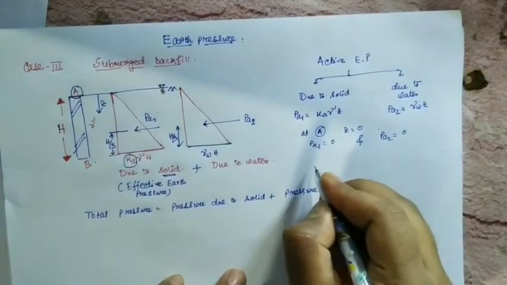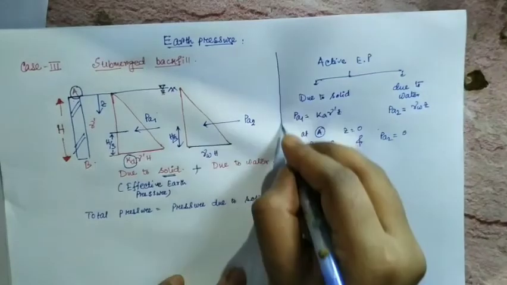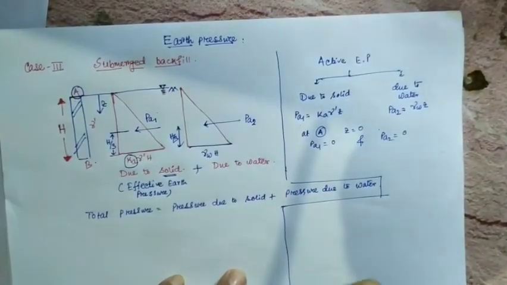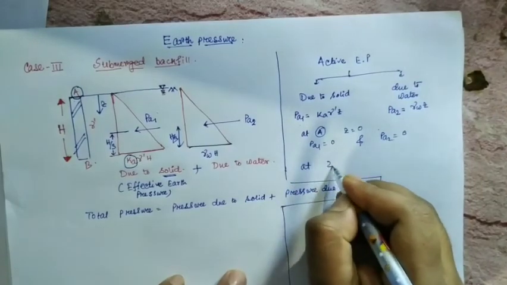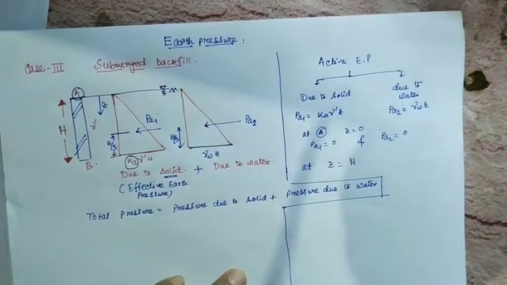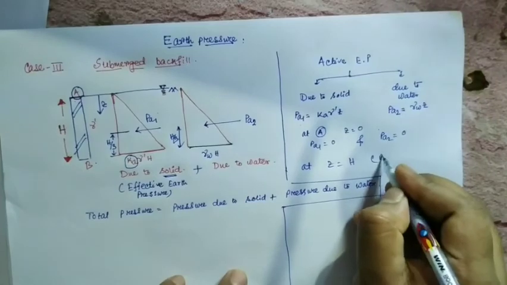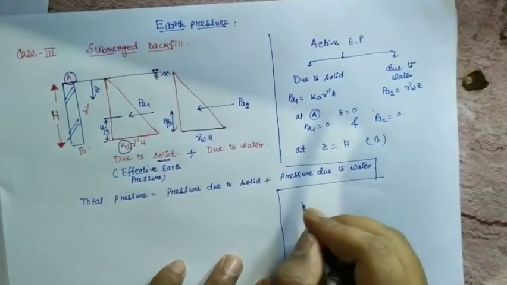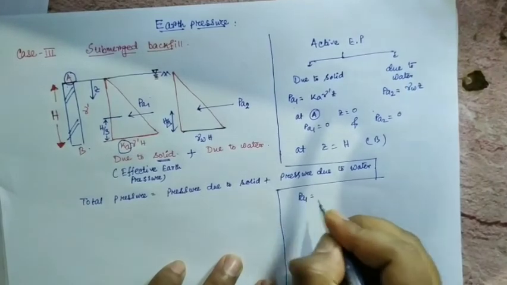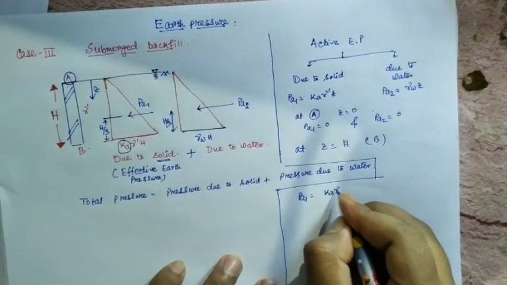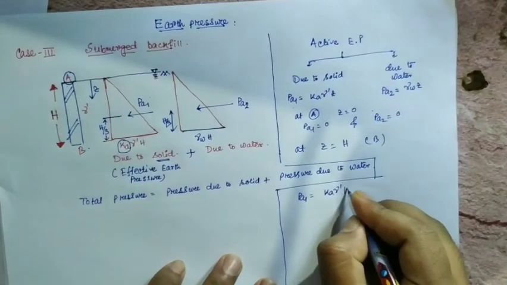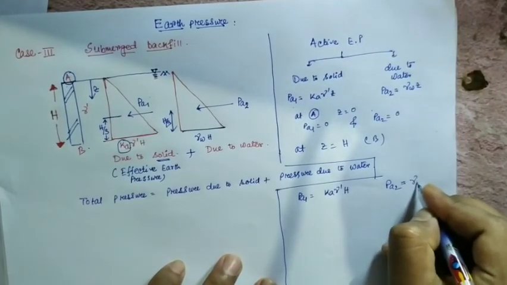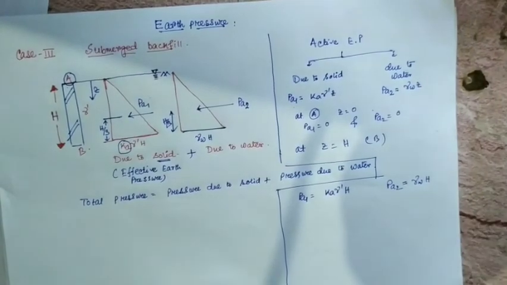But at z is equal to H, that means at the bottom, point B, what will happen at B? Pa1 will become Ka gamma submerged into H, and Pa2 becomes gamma W into H.